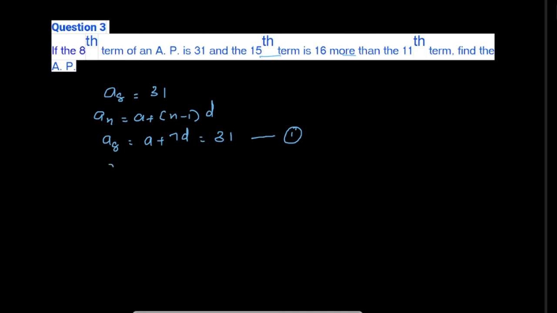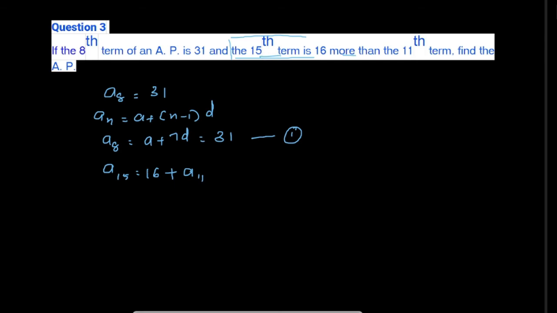So A15 is equal to 16 plus A11, because 16 more means adding 16 to the 11th term, that is A11. Now we'll simplify this and find out D from this equation.